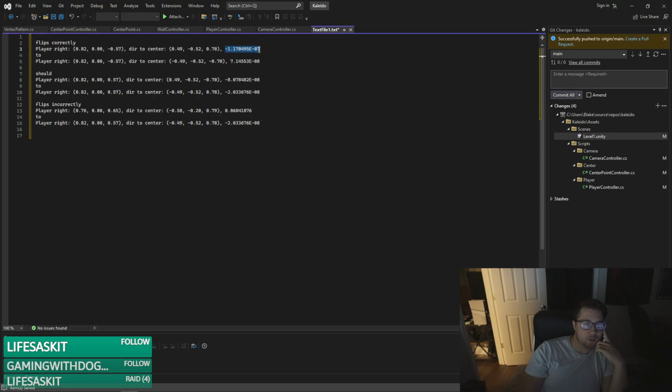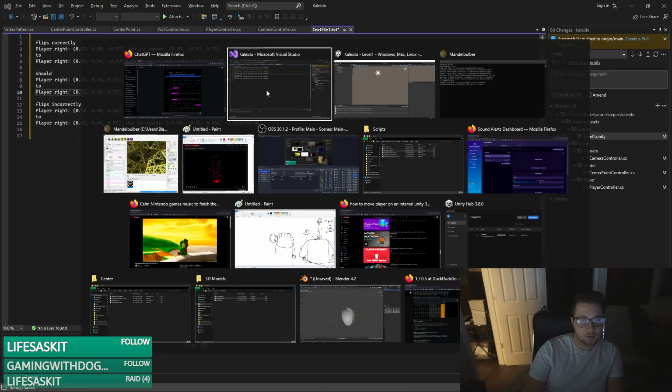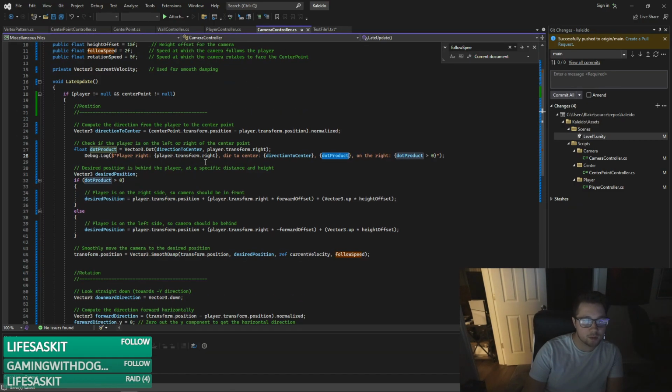So we go from the left to the right on the correct flip, and then we go from the right to the left on the wrong flip. We go from the left to the left. I think that makes sense. I just don't understand. Yeah, I think we just need to rethink this.